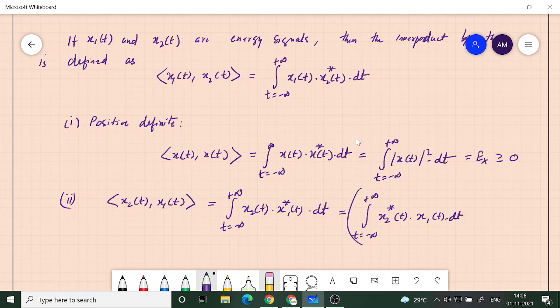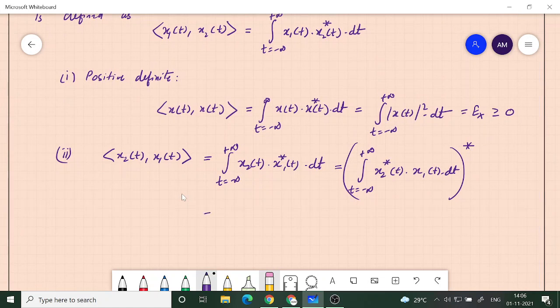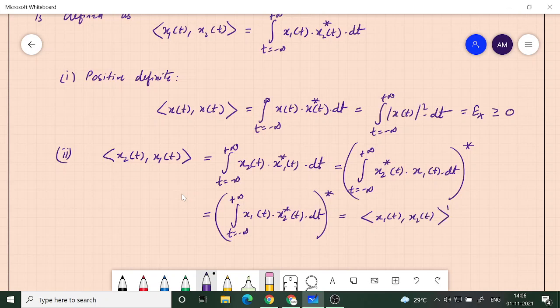Because the conjugate of the conjugate is the original function, it is the same thing. Rearranging, this is the integral of the first function x1 of t into the conjugate of x2 of t, with the whole thing conjugated.